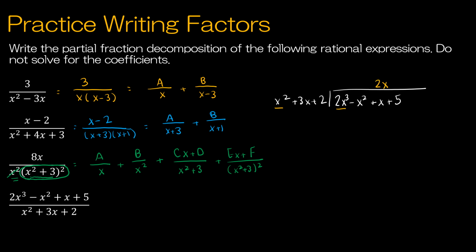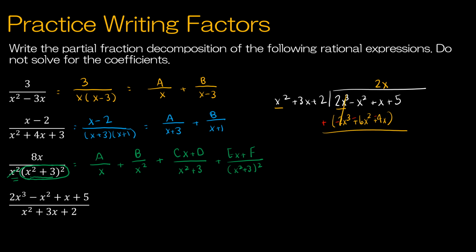And then I'm going to take 2x times all of those values. So 2x times x squared is 2x cubed. 2x times 3x is plus 6x squared. And 2x times 2 is plus 4x. And then remember, I'm going to subtract all of it. Well, I'm going to turn it into plus and then change the sign of everything.